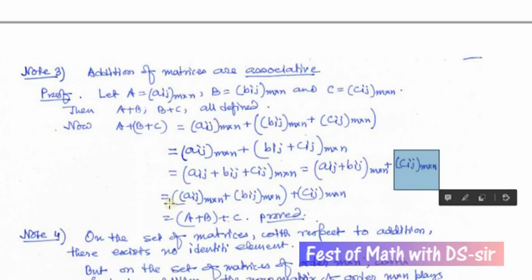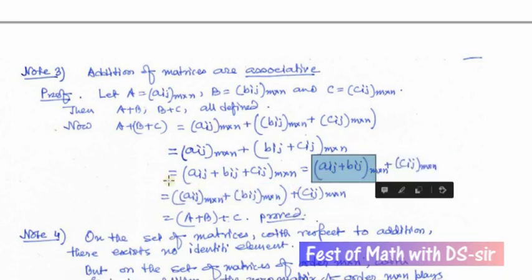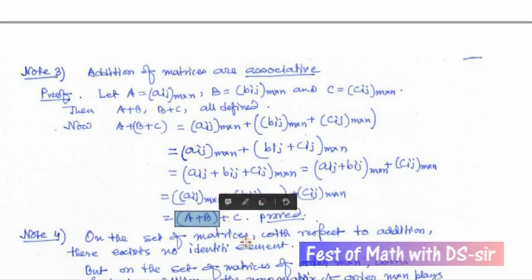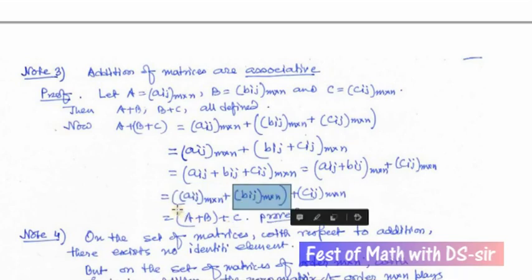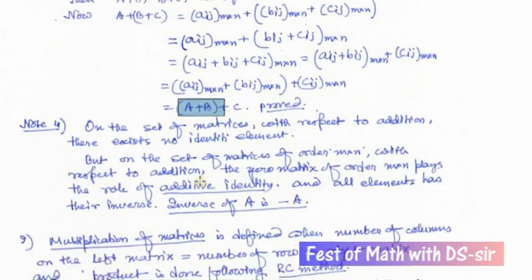And now see, aij plus bij is nothing but A plus B, and this is C. So that gives you (A plus B) plus C. So A plus (B plus C) is equal to (A plus B) plus C. That establishes that addition is associative.